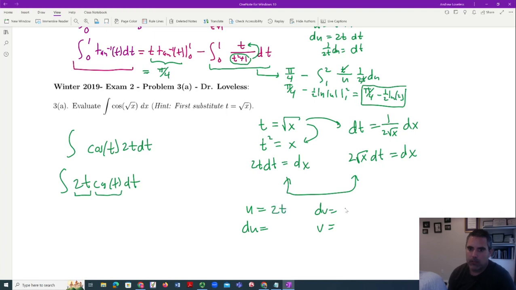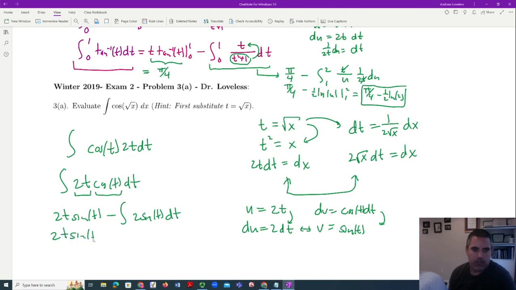Power of x, trig, derivative, integrate, smush those two together, so 2t sine of t, minus the integral, smush these two together, 2 sine of t dt. The derivative of sine is negative cosine, and there's that negative, so it's going to be 2 cosine of t plus c, and then replacing, 2 root x sine of root x plus 2 cosine of root x plus c.